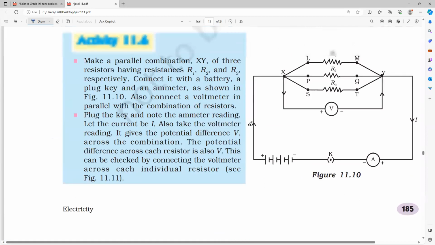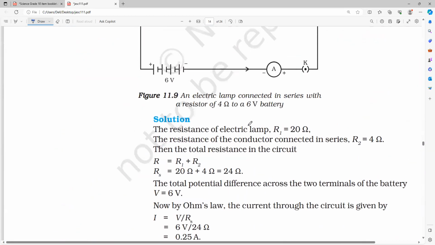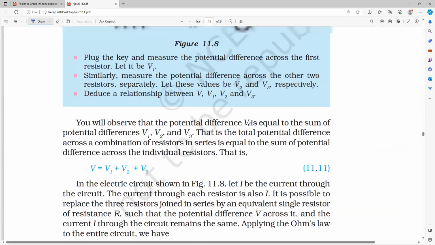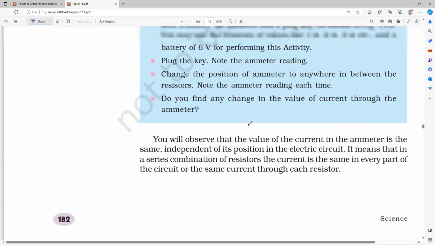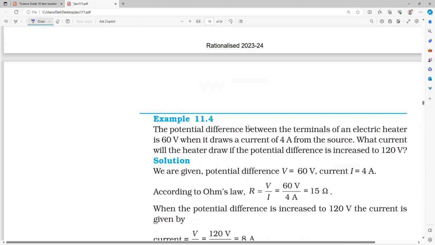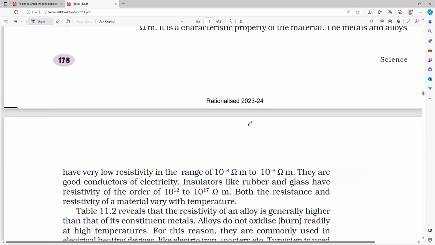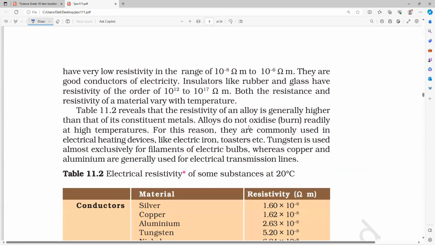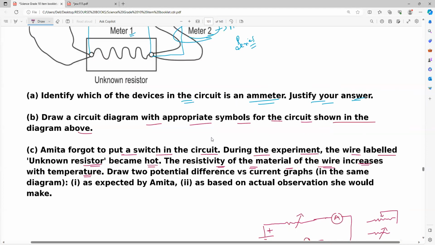Yes, both the resistance and resistivity of the material vary with the temperature. Very, very important.